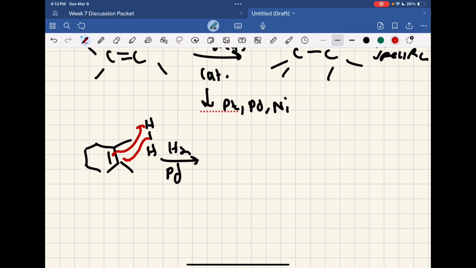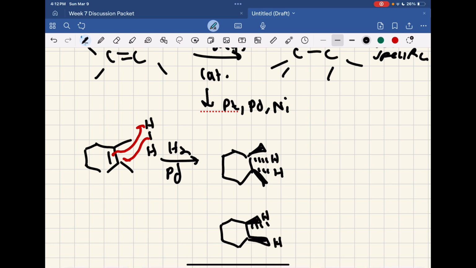If they approach at the same orientation, let's just say the dash, the back face, that would force the methyls on a wedge. Likewise, you have the other orientation. If they approach from the front, that would put the methyls on a dash. Okay, these are meso compounds, these are the same, so you would just expect to draw one of them. Okay, and that is a pretty good summary of all of your reactions. Good luck.